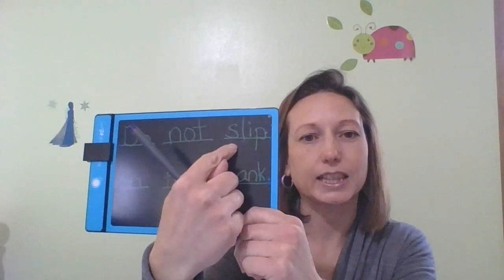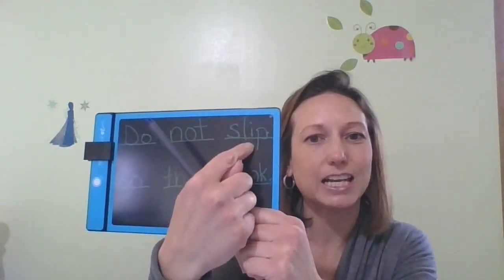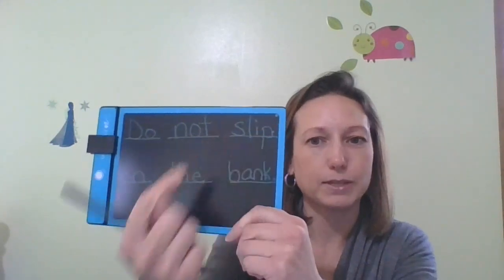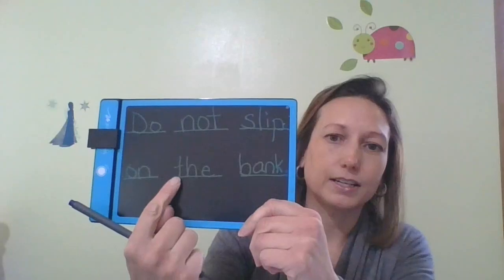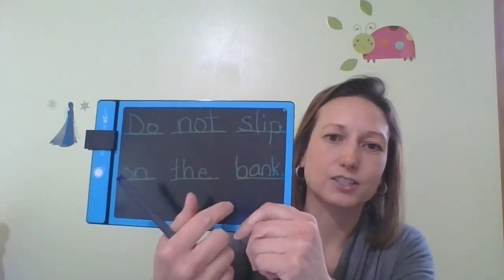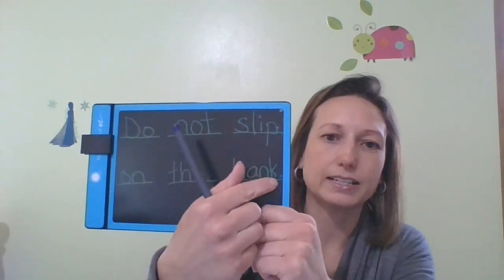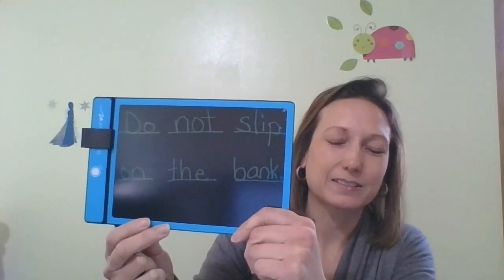Slip. There's our blend. We have to say it slowly. S-L-I-P, on, O-N, the, T-H-E, bank has our ank chunk in it, B-A-N-K, period at the end.